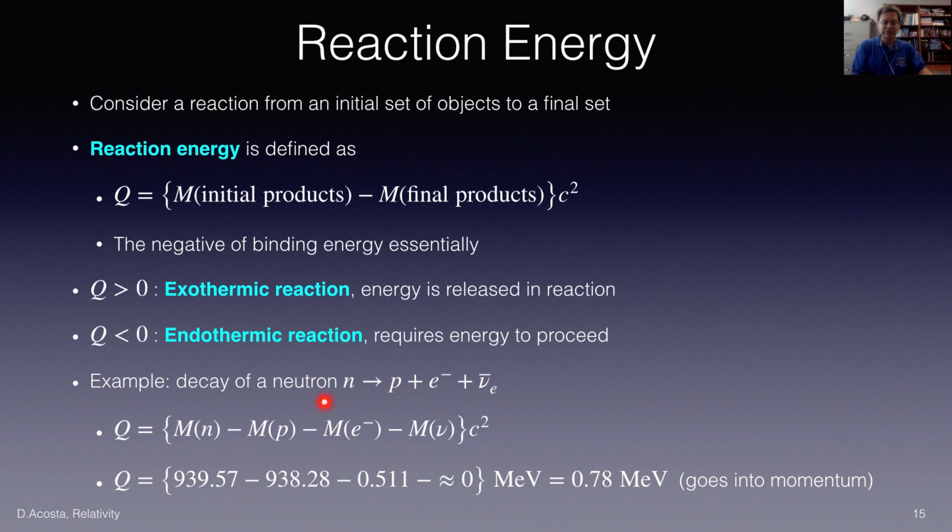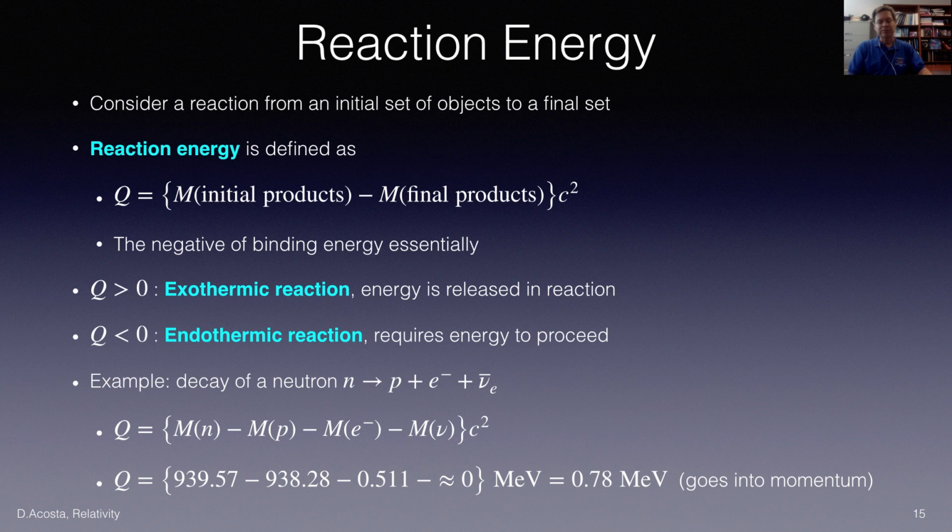I subtract off the electron in the final state, that has a rest mass energy of 0.511 MeV. And I subtract off the mass of the neutrino, which honestly, we don't know its mass. We do know it has mass though, but we think the mass is less than an electron volt. Very, very tiny. So I'm going to set it to 0 and ignore it. And what I find is the reaction energy is 0.78 MeV.